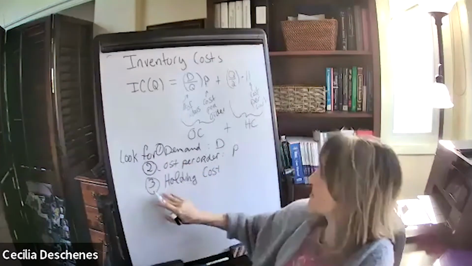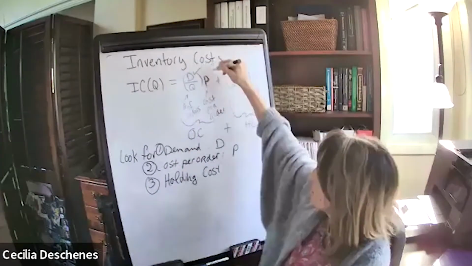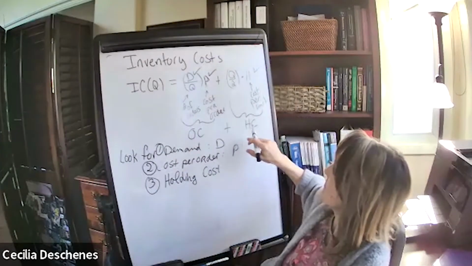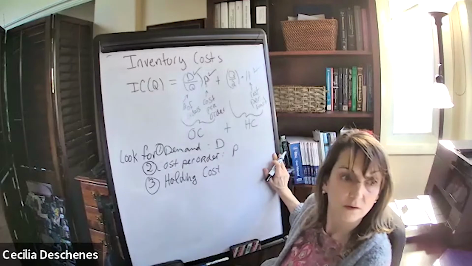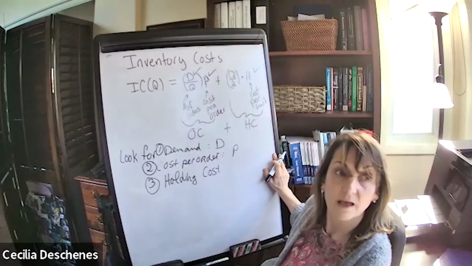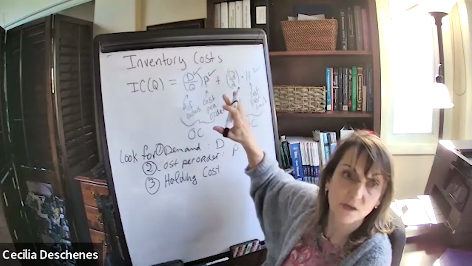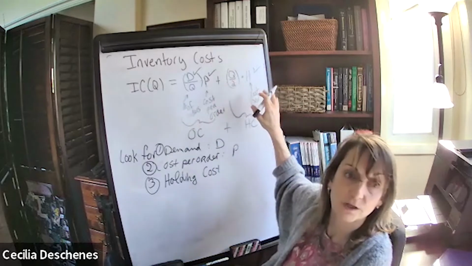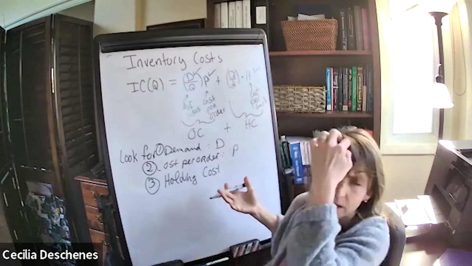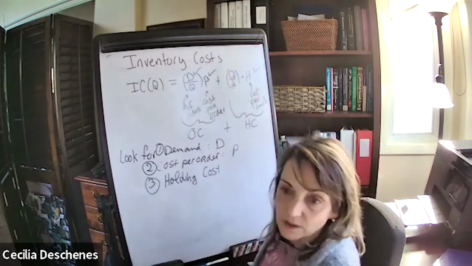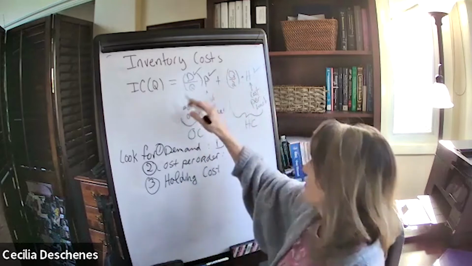Once you have those 3 bits of information, you have everything you need to build this formula. And then at that point, it's just taking the derivative, and because this formula has the same structure, it's the same derivative every time. The numbers change, but what you do to take the derivative is the same.